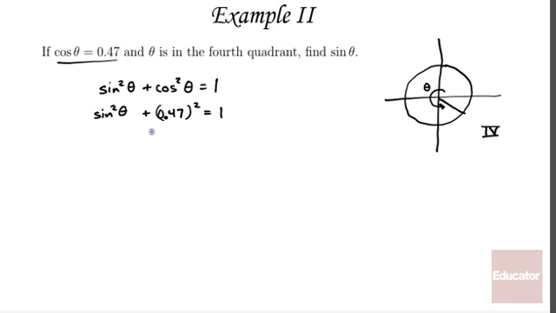Now 0.47, that's not something I can easily find the square of, so I'll do that on my calculator. 0.47 squared is 0.2209, so that's 0.2209 plus sine squared theta is equal to 1. So sine squared theta is equal to 1 minus 0.2209, which is 0.7791.